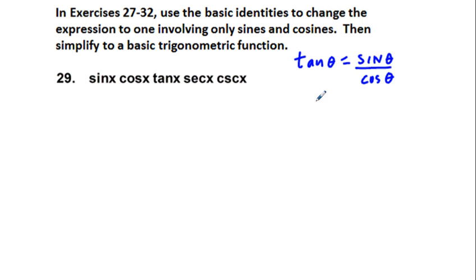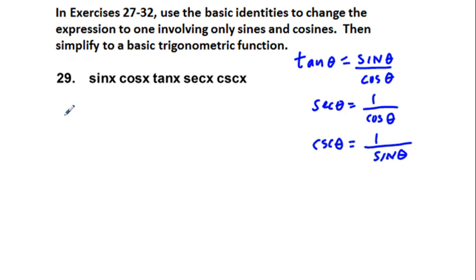And secant theta equals 1 over cosine theta. And cosecant theta equals 1 over sine theta.